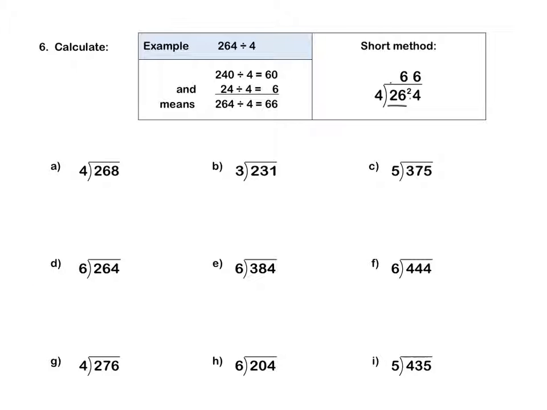Let's do D together. 6 can't fit into 2. 6 into 24 is 4 times, because 6 times 4 is 24. Therefore, the remainder is 2. And 6 fits into 24 4 times. Press pause to complete question 6. When you are done, use the memo to mark your answers on this page.